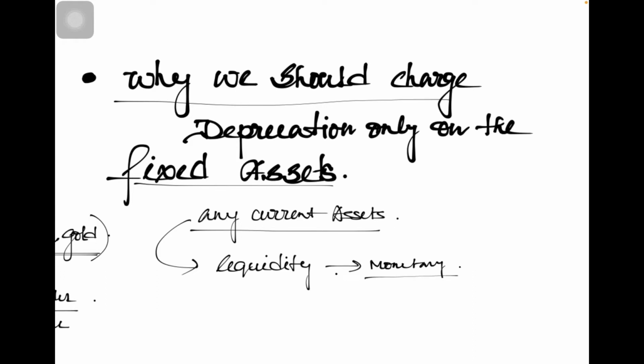Basically within a year, if you are able to convert the current asset into monetary value, we usually find that, except for inflation, depressions or market changes, the price value stays almost the same. So for current assets, that is why we only charge depreciation upon fixed assets, the assets which continue for a long time.